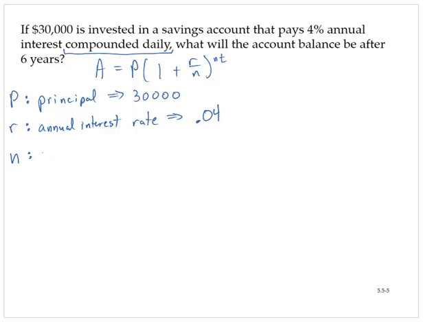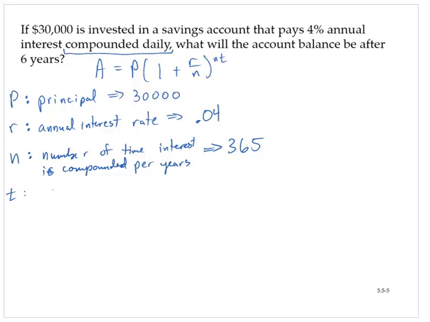N is the number of times the interest is compounded per year. In this problem, since it's daily, and there are 365 days in a year, the value for N is 365.